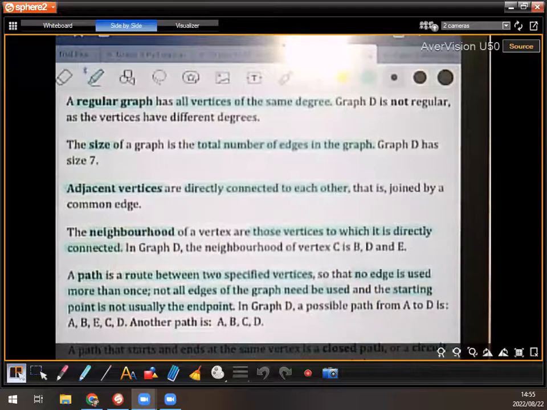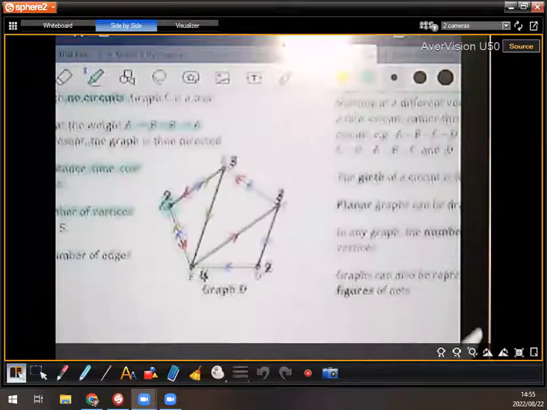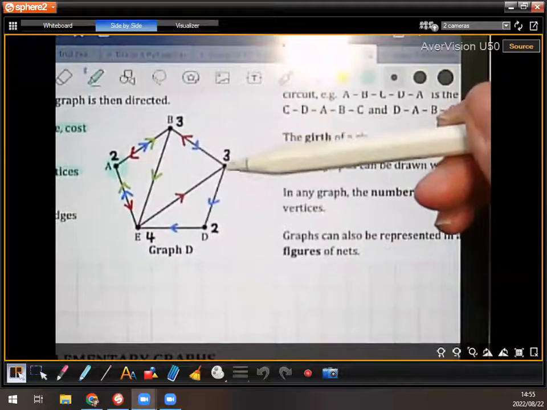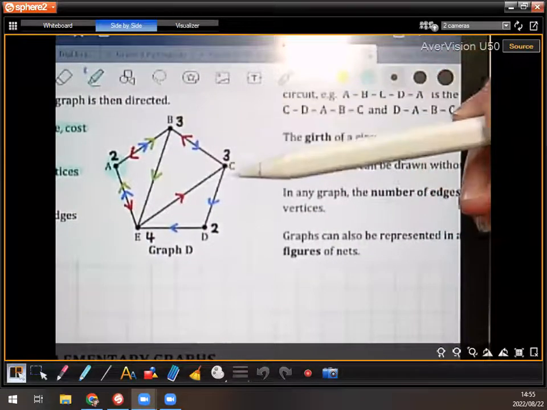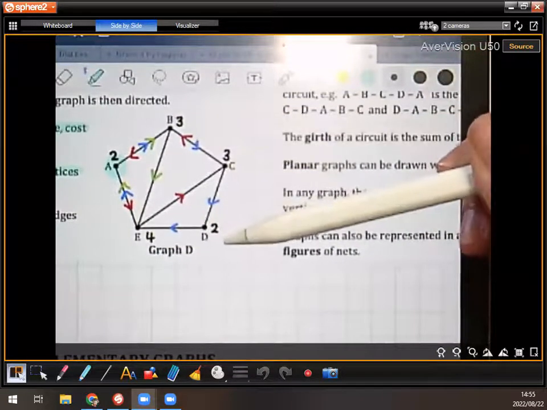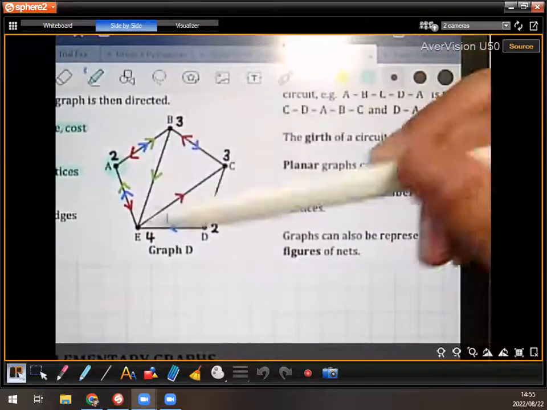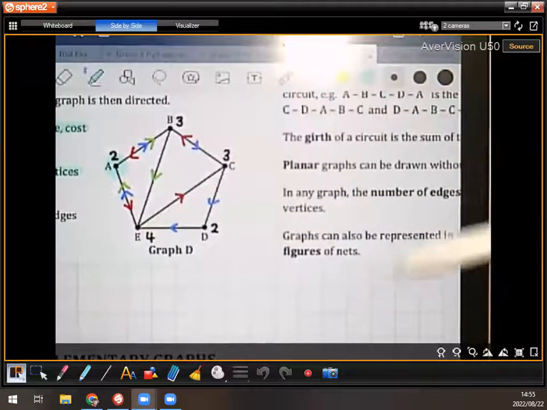Okay, so they are saying vertex C. For vertex C, which other vertices are directly connected to this vertex? B, D, and E. So the neighborhood of vertex C would be B, D, and E. Then you'll literally list the vertices.